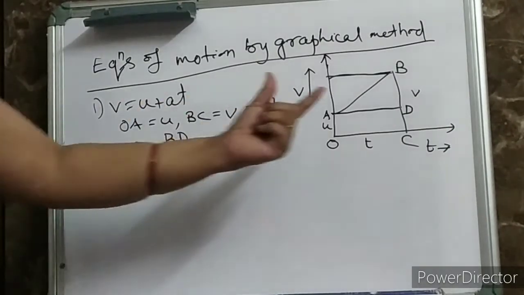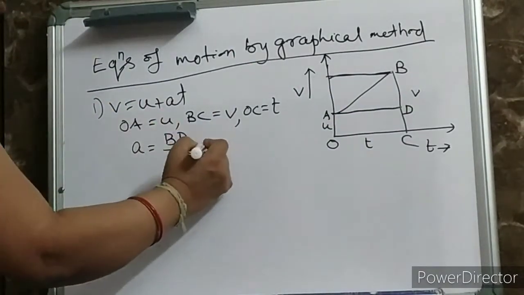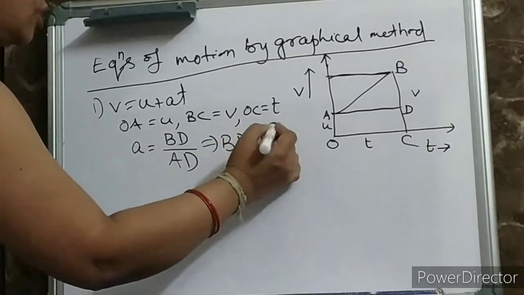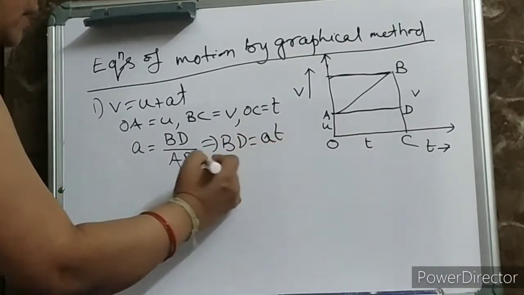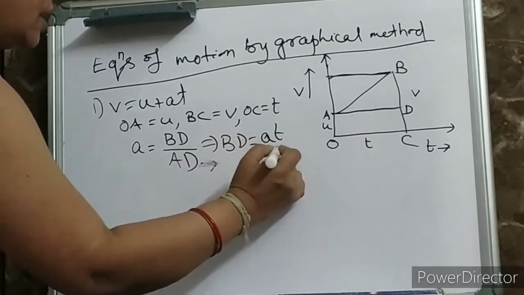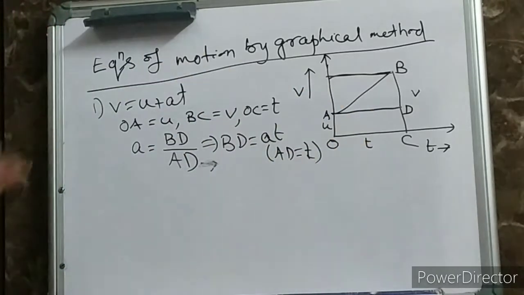So what is your AD? AD is parallel to OC, so AD will be T. That means BD is equal to A into T, since AD is also T, because both are parallel.